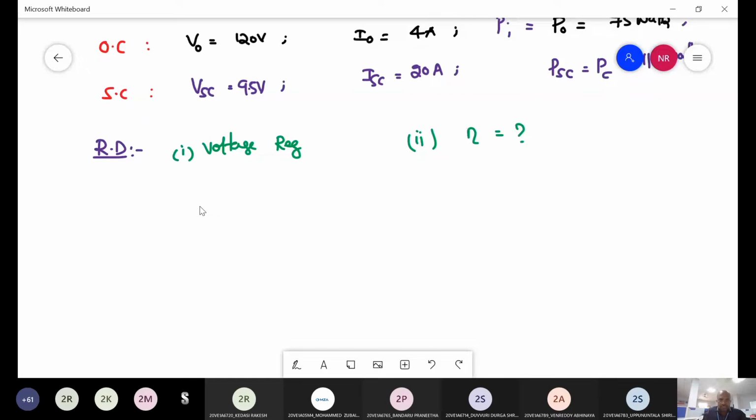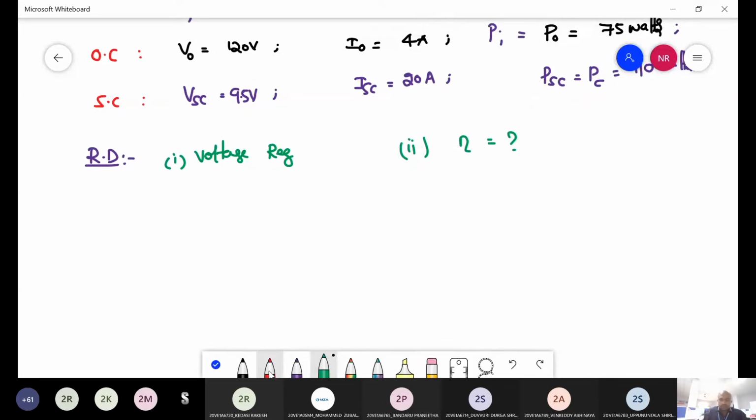The solution: we know that in AC, I is equal to V by Z, then Z is equal to V by I. From the short circuit test, we can calculate ZSC.